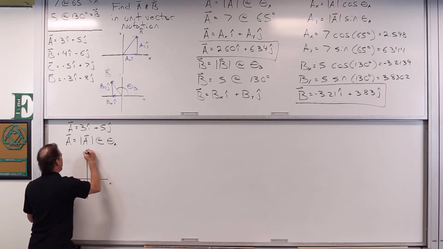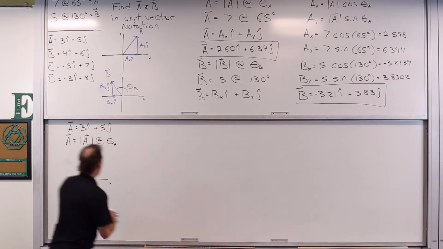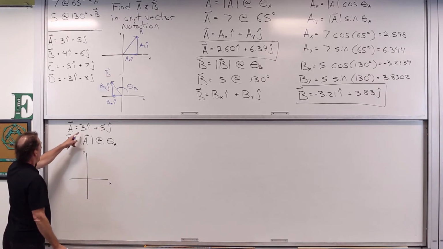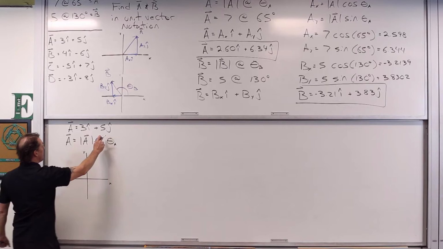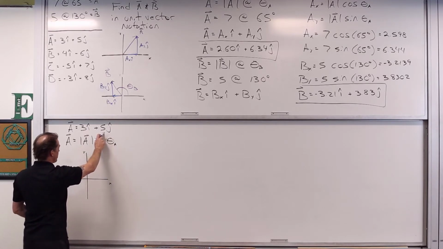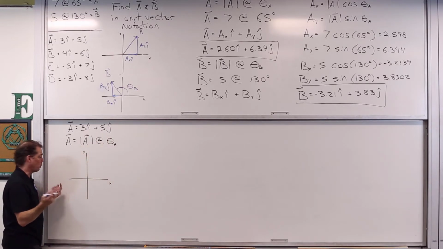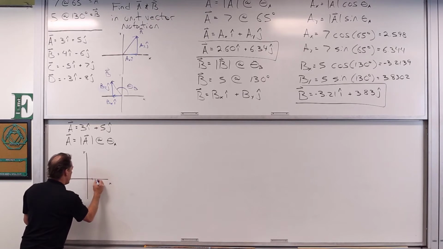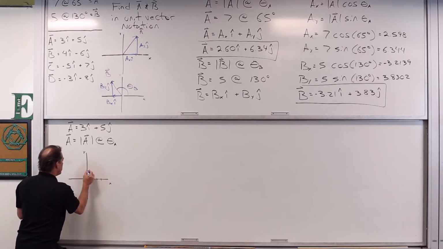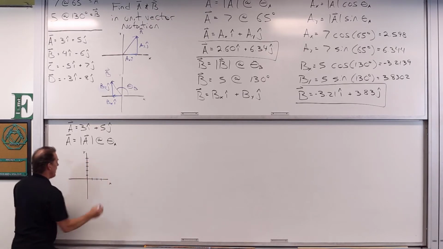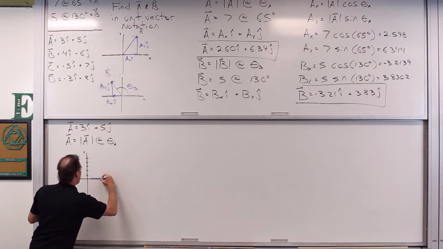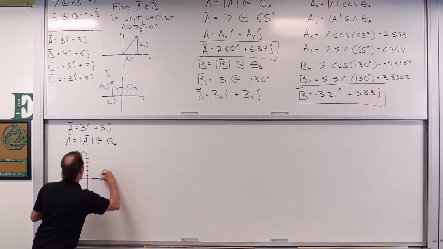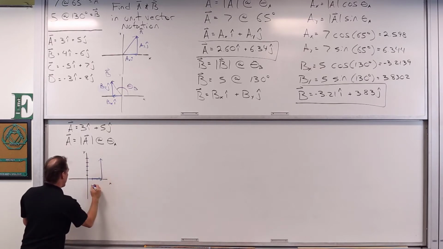I can draw it out with that. We've got x, we've got y, and we've got this. If I go over 3 units in the positive x direction and then up 5 units in the positive j direction, I should be able to form the total vector here. So we could say 1, 2, 3, 1, 2, 3, 4, 5, and we go like this. There's the x component, there's the y component.